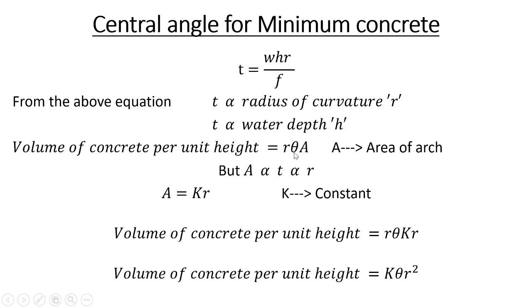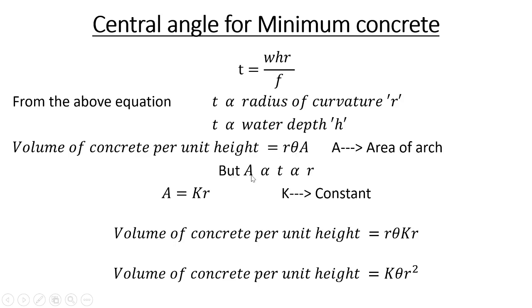If you use the equation angle equal to arc by radius, then arc length will be equal to, cross multiplying, arc length will be equal to r theta. So length into area will give you volume of concrete per unit height, where A is the area of arch.